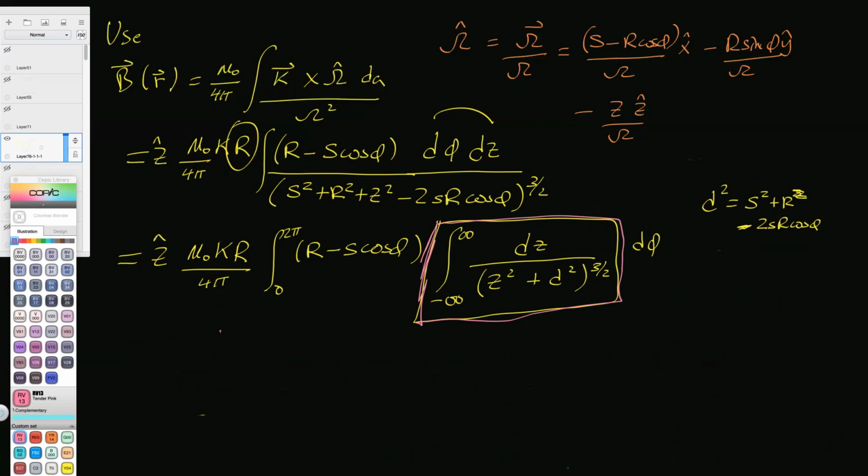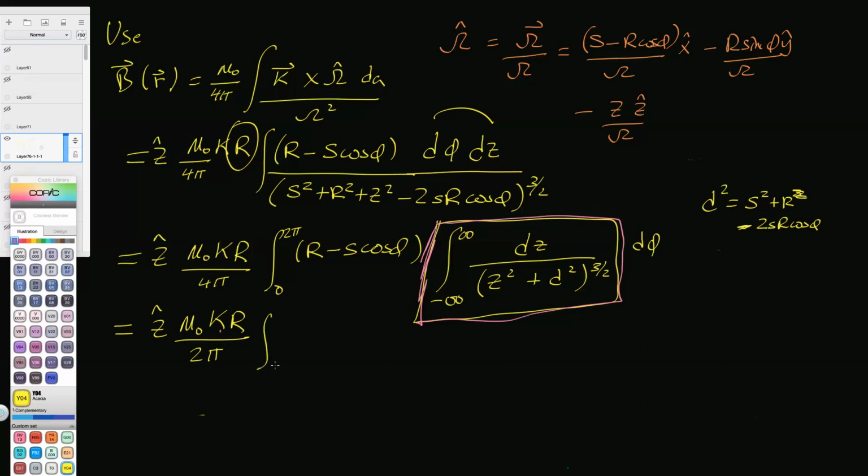So this gives us z hat mu 0 k r over 2 pi, because I'm just putting that 2 in. I can't pull the d squared out. That has a cosine phi, so it's in the phi integral now.